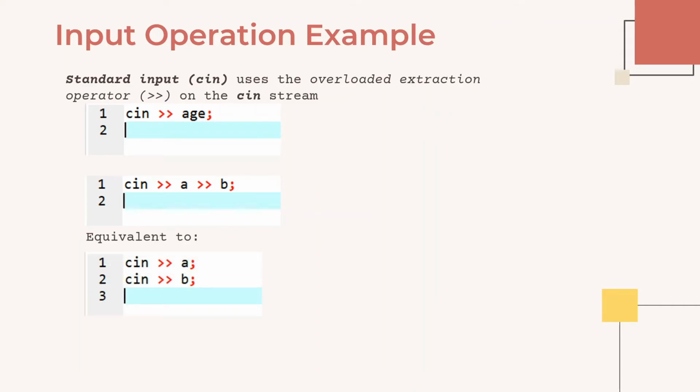This command is equivalent to cin >> A; and then cin >> B;. In this case, the input data must be two values, one for variable A and another for B. We can separate the two values using a space, tab, or newline.